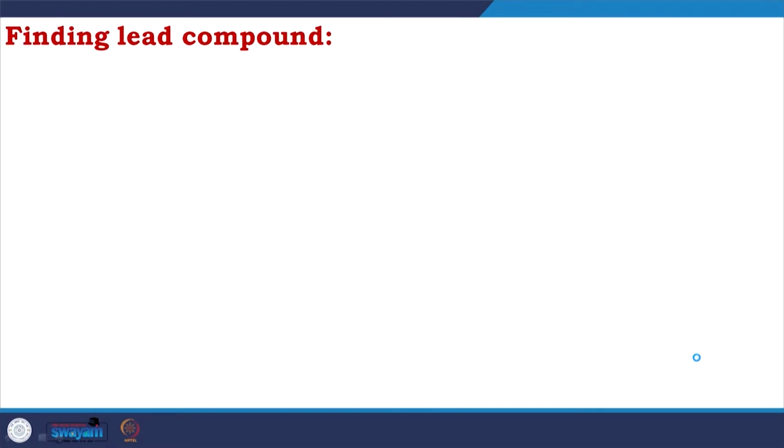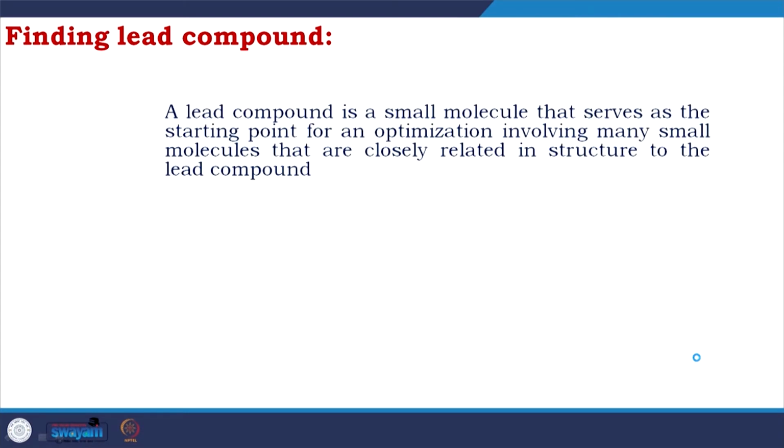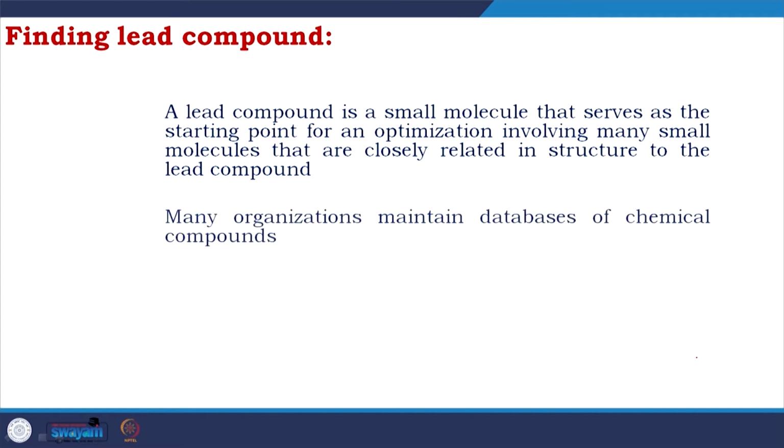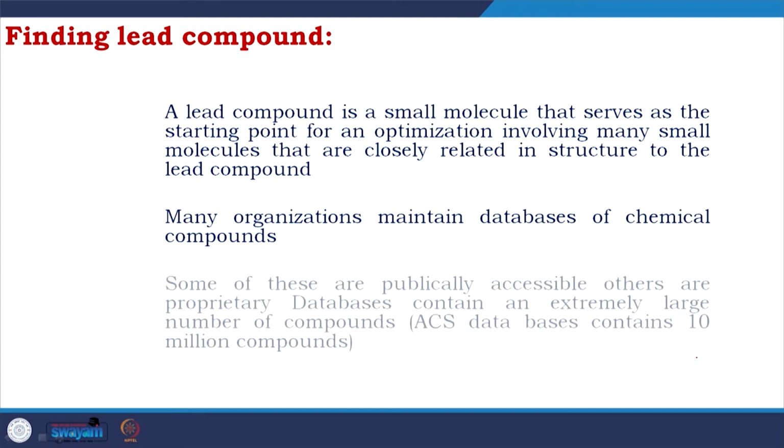I talked about the lead compound. A lead compound is a small molecule that serves as the starting point of an optimization involving many small molecules that are closely related in structure to the lead compound. Many organizations maintain databases of chemical compounds.